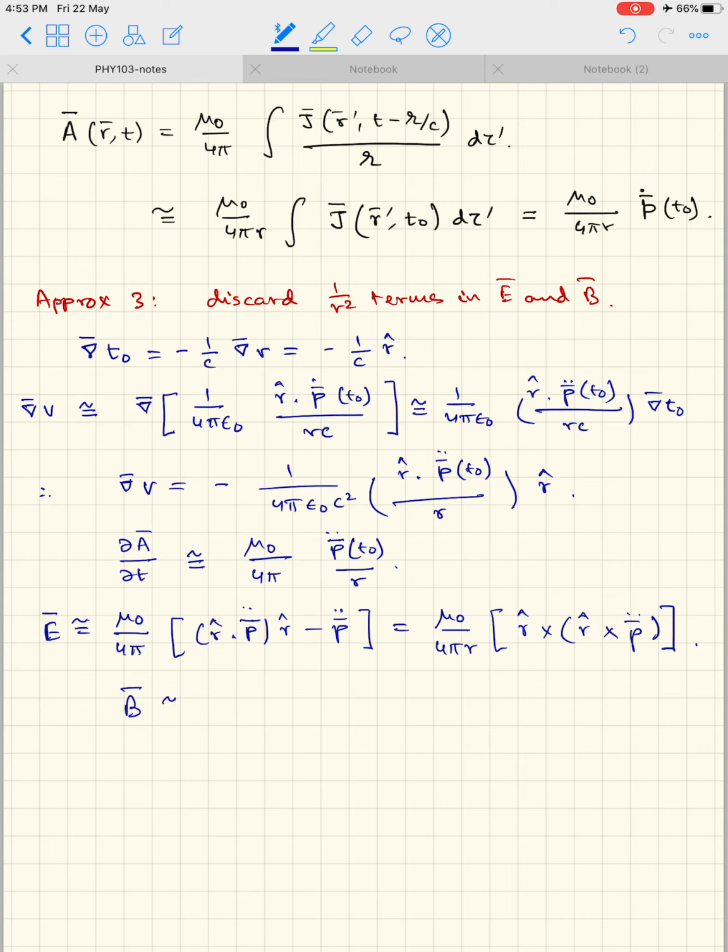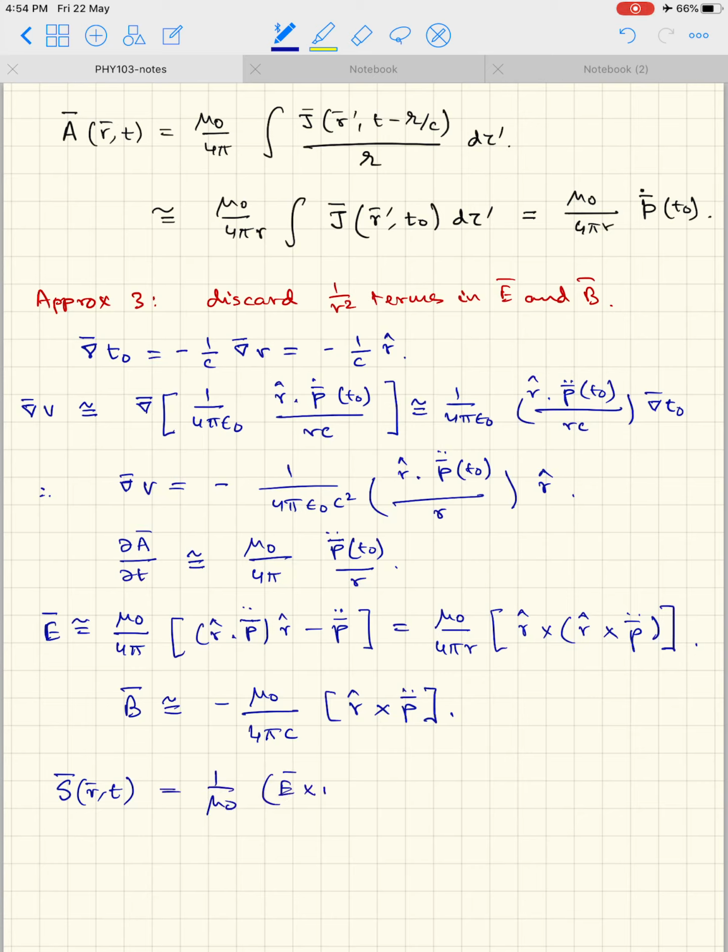B is also approximated by something like minus mu naught by 4 pi c r, r cap cross p double dot. So you can find out what S of r, t is in the usual way, 1 over mu naught E cross B, and you can find out the formula for that.